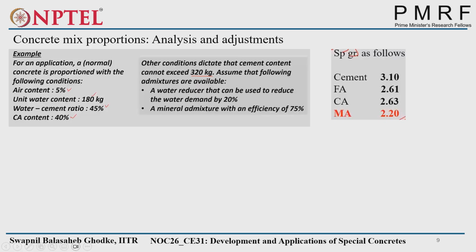So air content will be how much? 5%, 50 liter. Unit water content 180 kg means water also will come 180 liter. So water cement ratio we have 45%. So calculate the cement content, how much is it? By volume, you are saying, 1 to 9. And in kg it is coming 400.